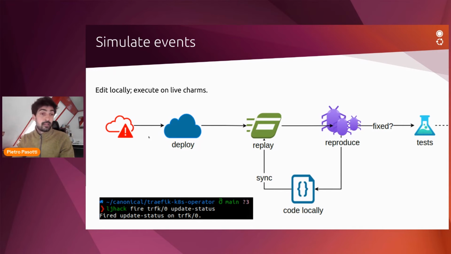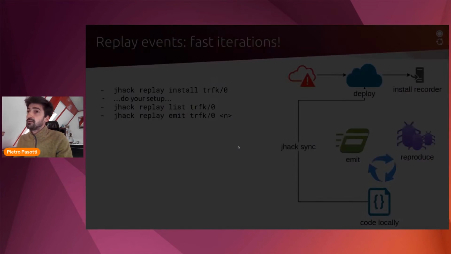You can fire it and try and reproduce the bug. If it's fixed, go on, write your tests. And so it's a much tighter loop, which, again, with the caveats that I mentioned before, cannot always be followed. In some cases, this is not going to work. But yeah, it has a lot of potential, I believe, and I do use it a lot.